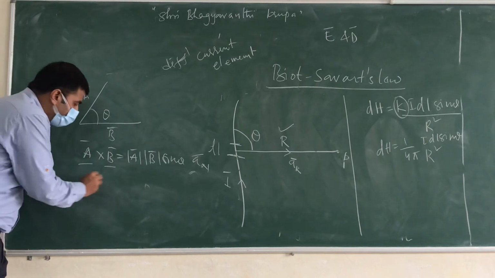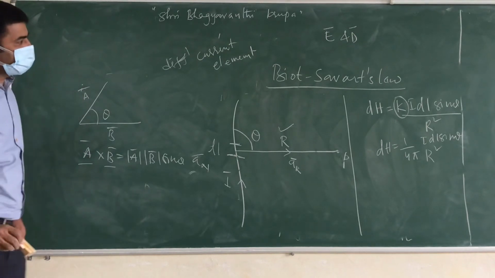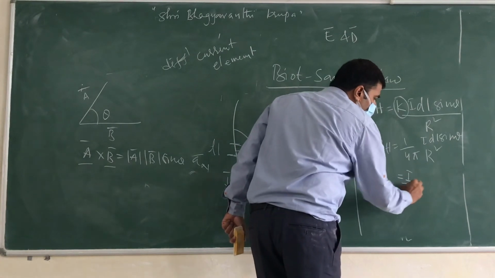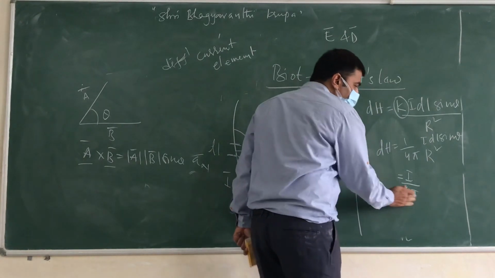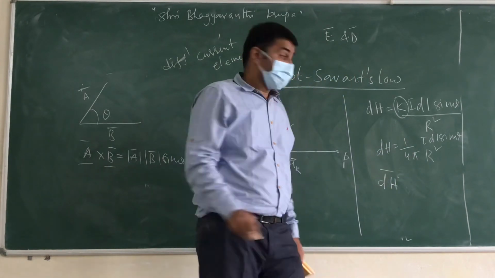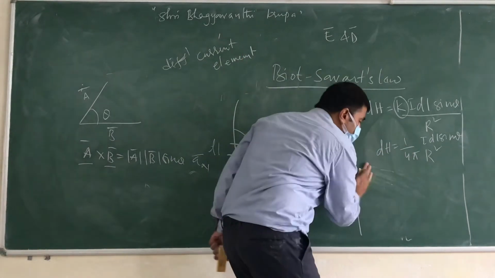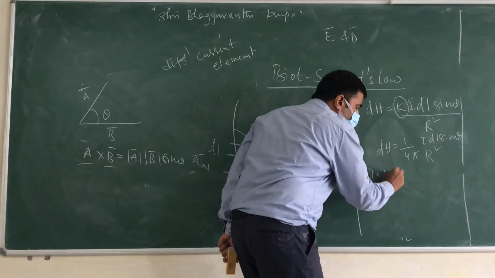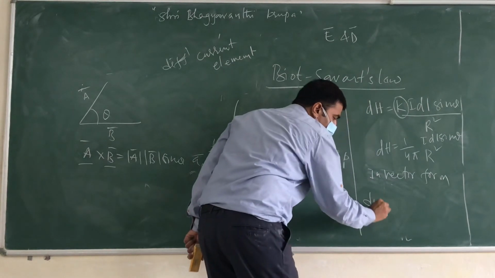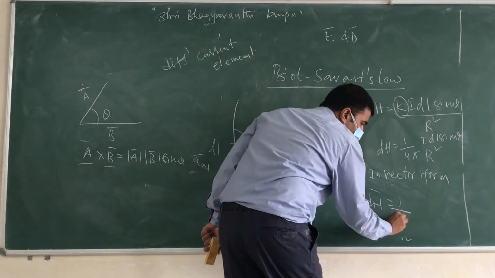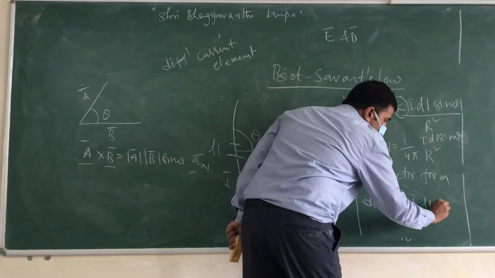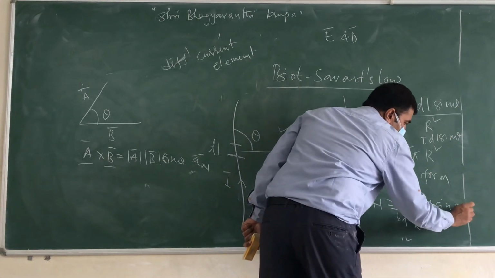See what I do, just see this. Can I express this in terms of direction? I'll write this in vector form: dH bar is equal to 1 divided by 4 pi r square, I dL sin theta, An.